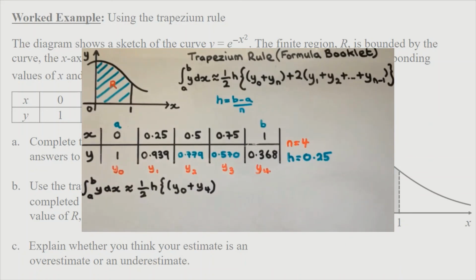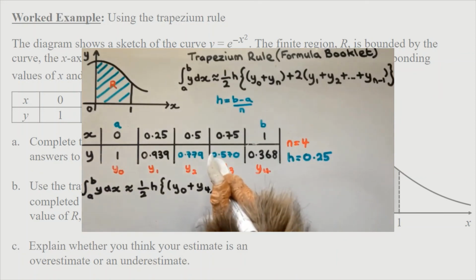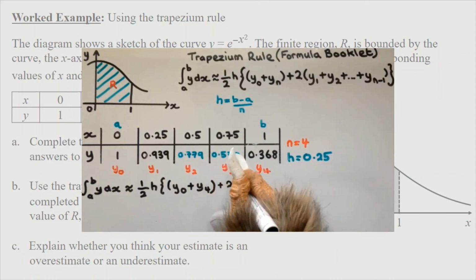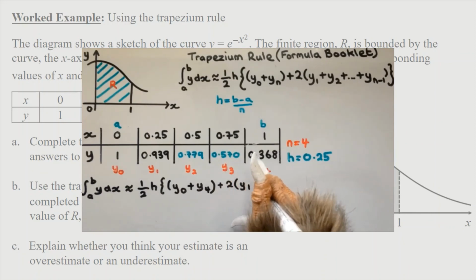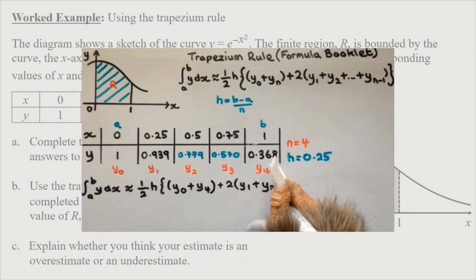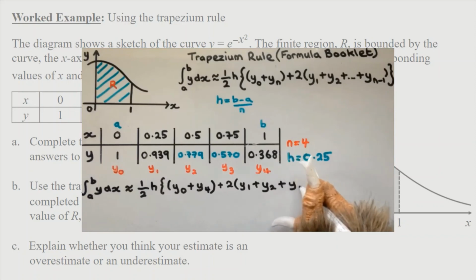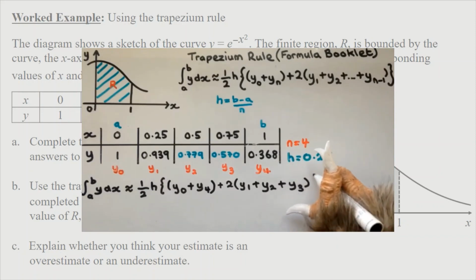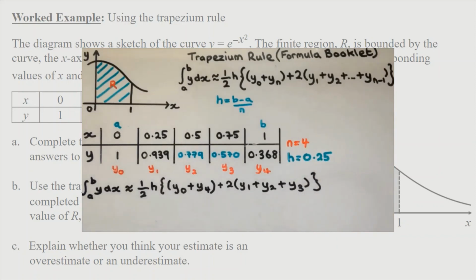So the rest of it I'm going to use twice, so it's going to be 2 lots of everything in the middle, so 2 lots of y1, y2 and y3. So let's put that in. So plus 2 lots of y1 plus y2 plus y3, and we'll close the big brackets.